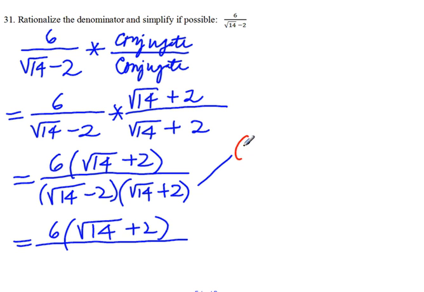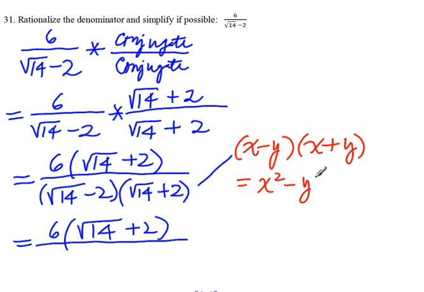This reminds us of x minus y times x plus y. And you all remember that is x squared minus y squared. The difference of two squares factors into x minus y times x plus y.